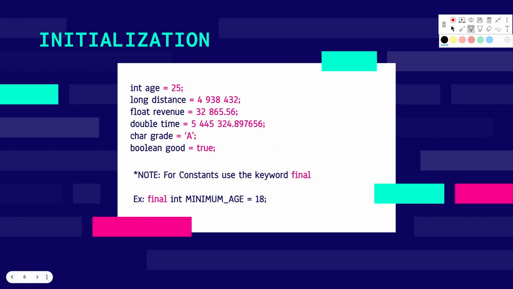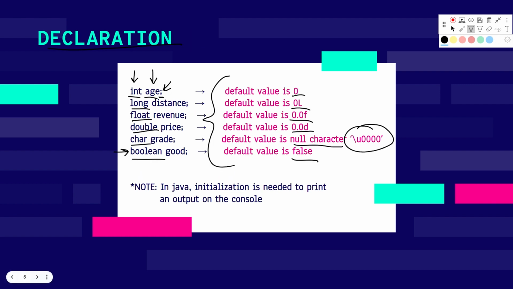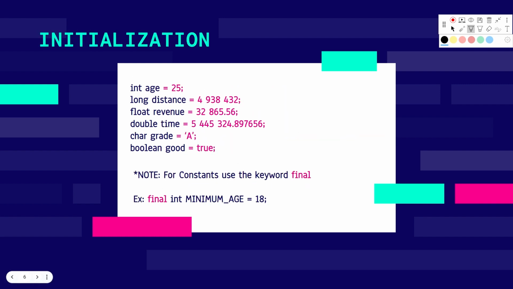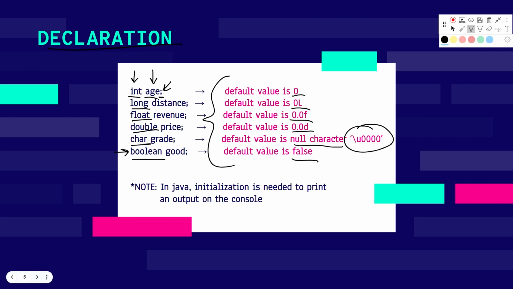For the initialization, the only difference with the declaration phase is that we need to give a value to our variable. For instance, for the first one, in the declaration phase, we had integer age semicolon. So age didn't have a value.